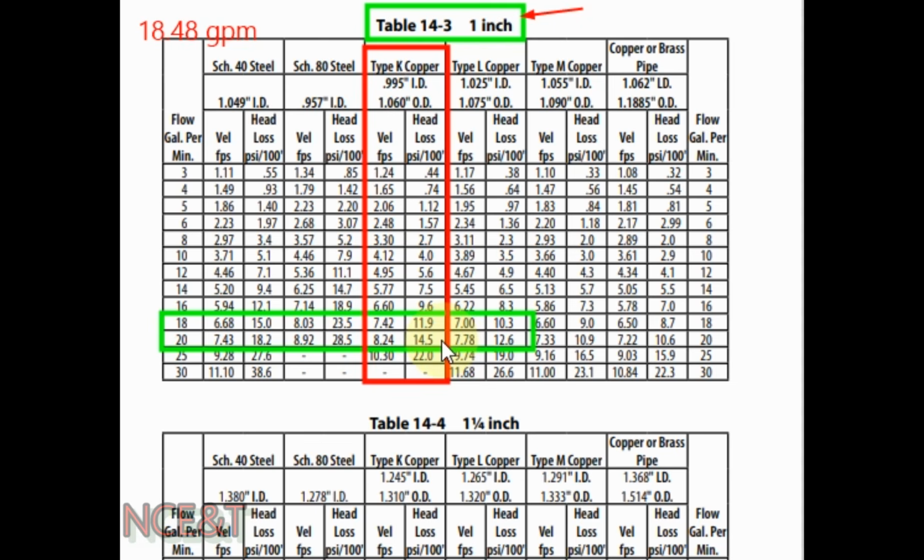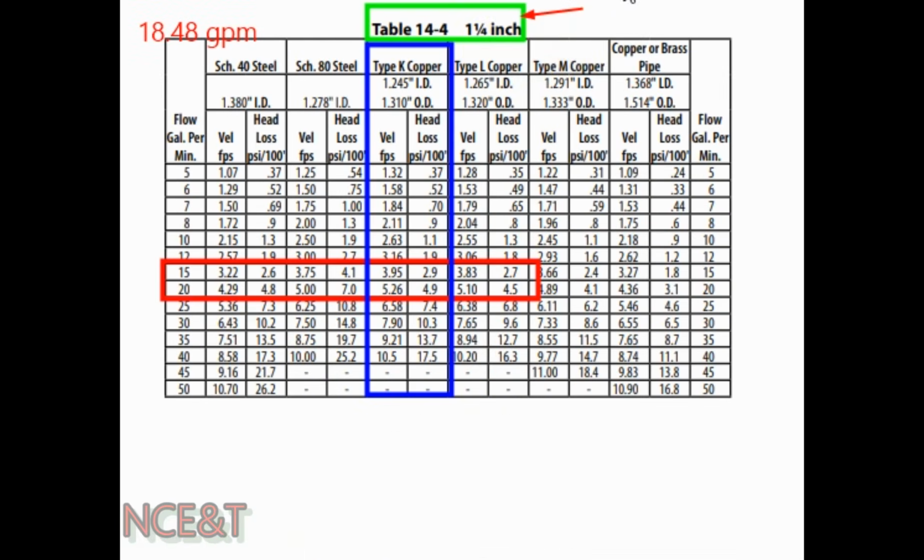Then we will go to the next pipe size, which is 1¼ inch. Now it is the hydraulic table for the pipe size 1¼ inch. We can find here 15 GPM, and the velocity for 15 GPM for copper pipe type K is 3.95, and for 20 GPM it is 5.26, which is less than the limit of 8 feet per second.